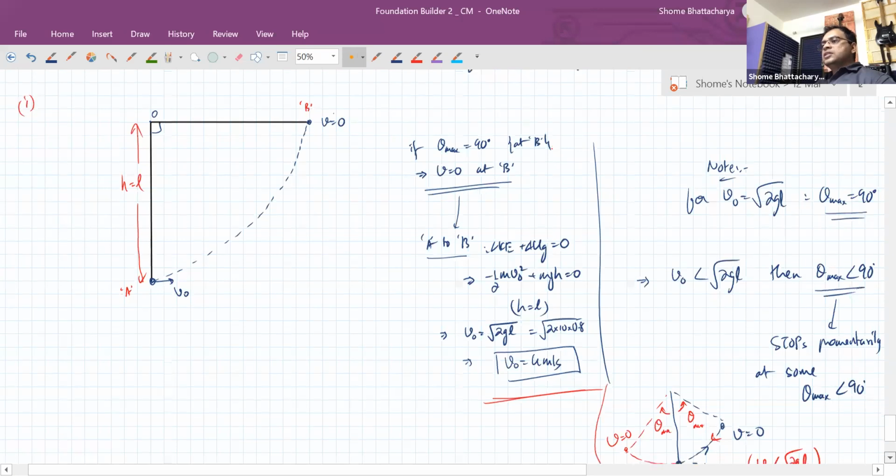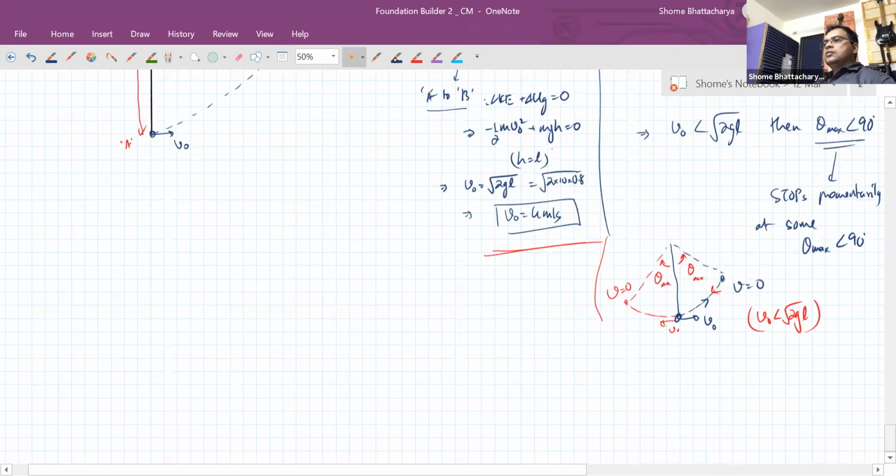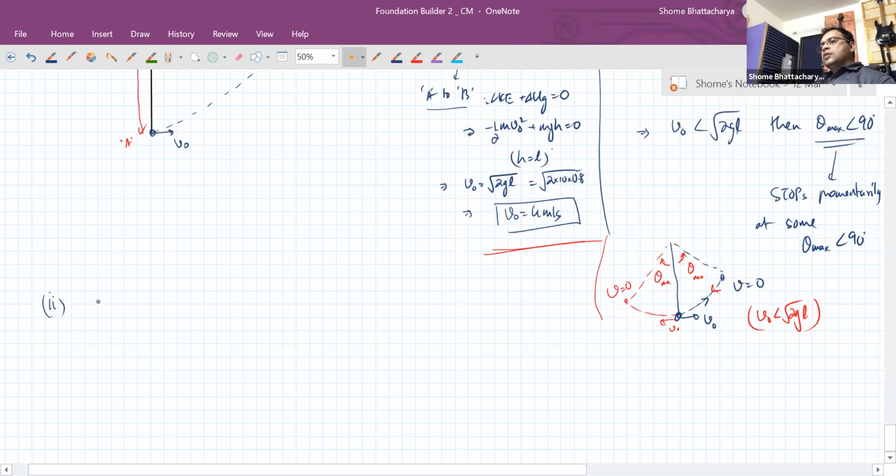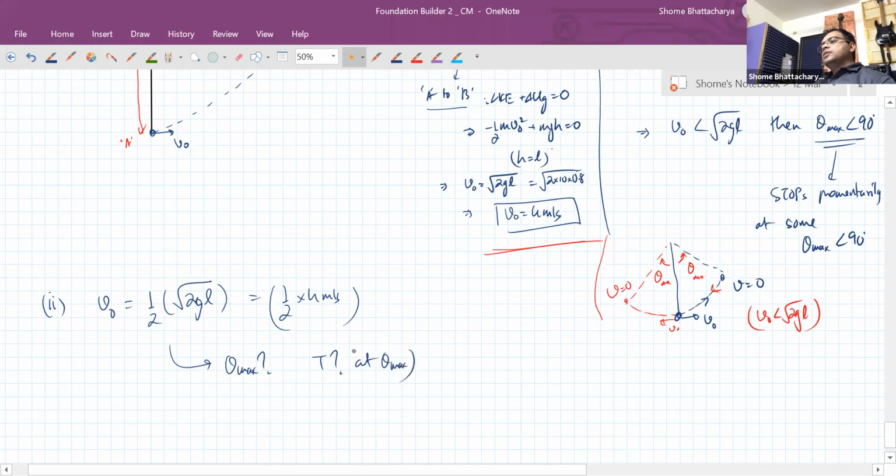And for the second part, our v naught is half of this value. So this value was root 2gL, which is 4 meters per second, so half of that. In this case, what is the maximum angular displacement it reaches, and what is the tension at the maximum angular displacement?